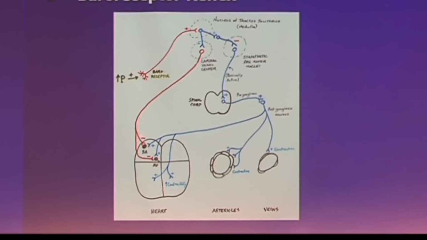Inhibit sympathetic system, because sympathetic system, when activated, raises the blood pressure. So inhibit sympathetic nervous system, so you see those negative signs here, and stimulate parasympathetic nervous system. So you're going to slow down the heart and relax blood vessels. Makes sense, does it?